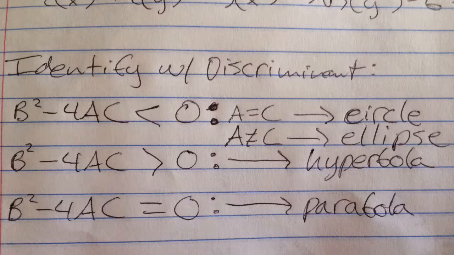If b squared minus 4ac is greater than 0, it is a hyperbola, and if b squared minus 4ac equals 0, the equation is a parabola. Of course, your b is the term that is in front of the xy, the a is the term in front of the x squared, and the c is the term that is in front of the y squared. So all of that you have to get from your general form.